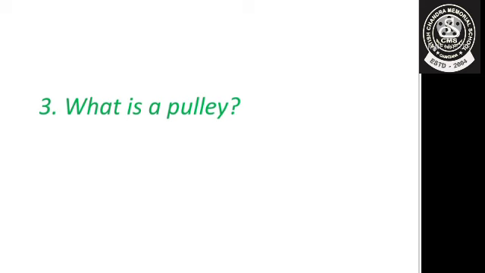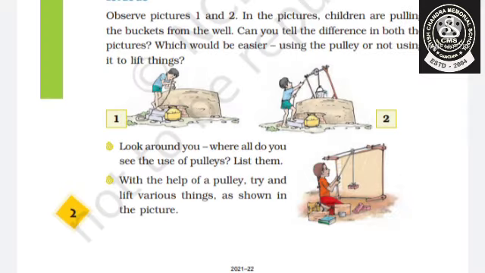Draw this diagram of a pulley in your copy and practice it. Look at the picture in your textbook where a boy is pulling buckets from the well. This pulley makes it easier to lift an object than lifting the weight by hand.